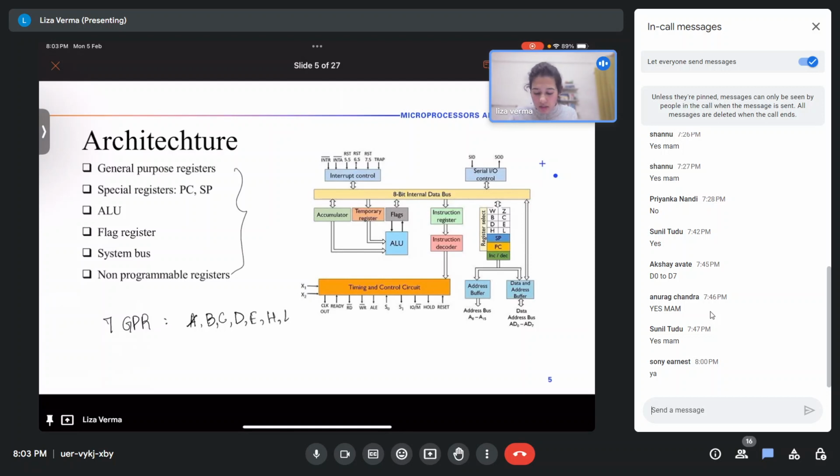Next is the stack pointer. What is the purpose of stack pointer? Yes, anyone?